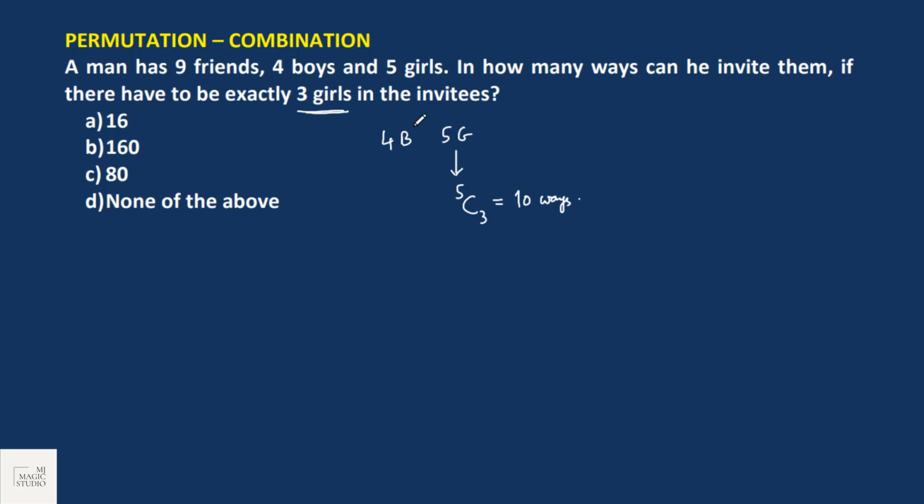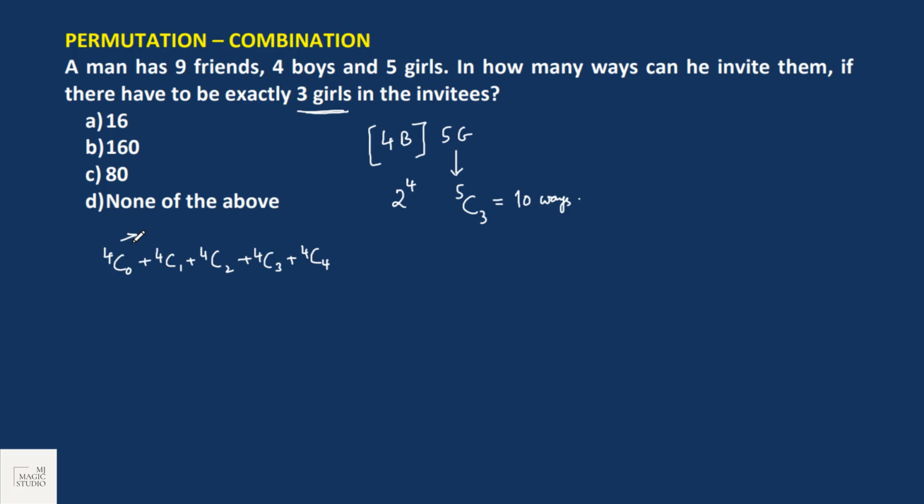Now, from boys, he may invite a boy or he may not. So in how many ways can he invite one or more than one or not any boys? 2 to the power 4 ways: 4C0 plus 4C1 plus 4C2 plus 4C3 plus 4C4.